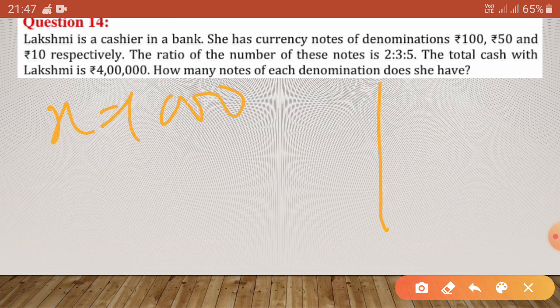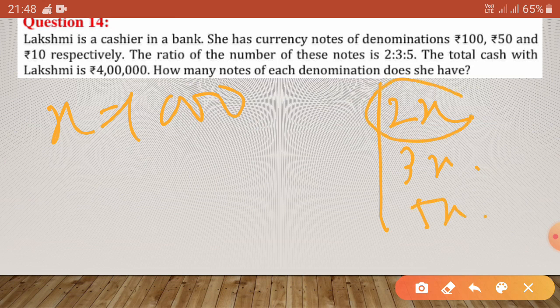Now the ratio of the notes is 2:3:5, and we have assumed that the number of notes for 100 currency is 2x, 50 currency notes is 3x, and 10 currency notes is 5x.